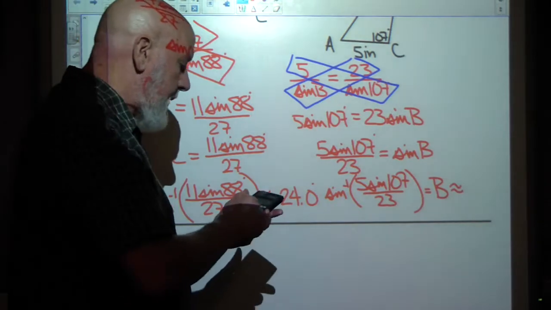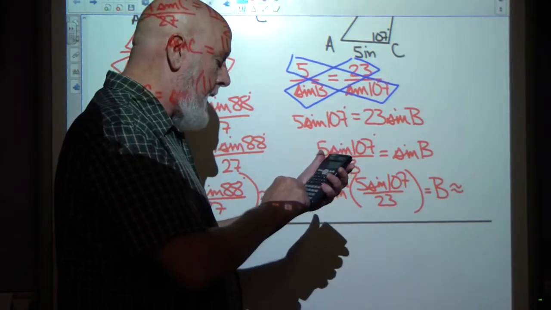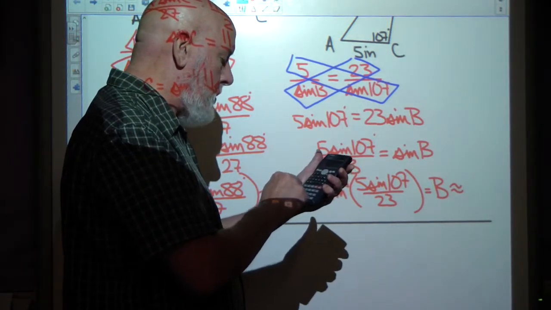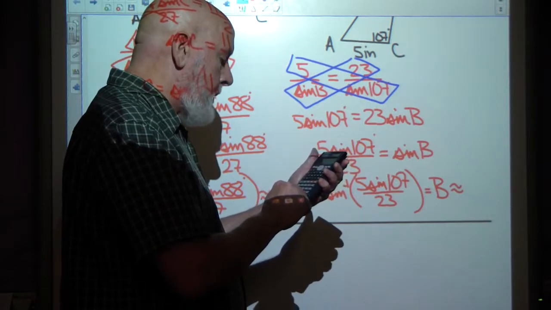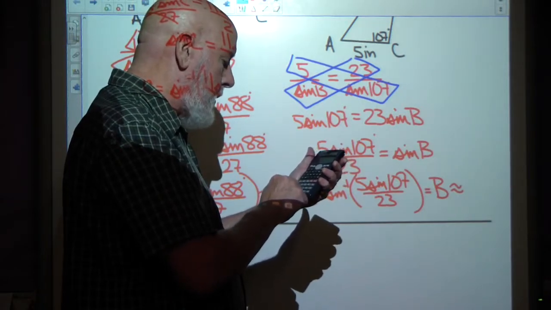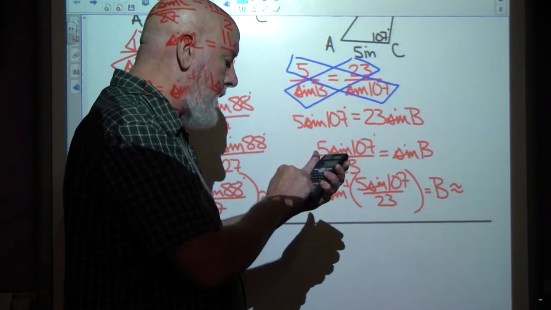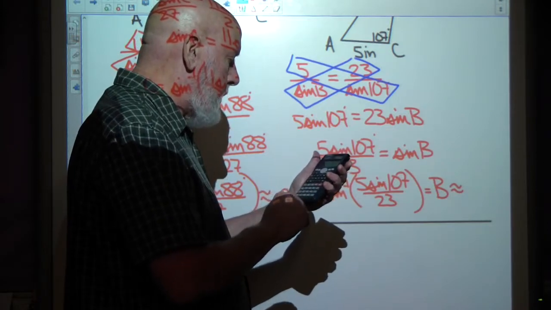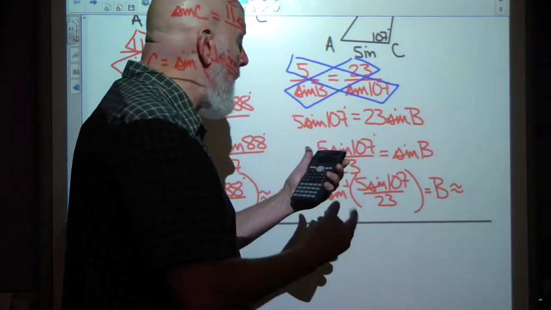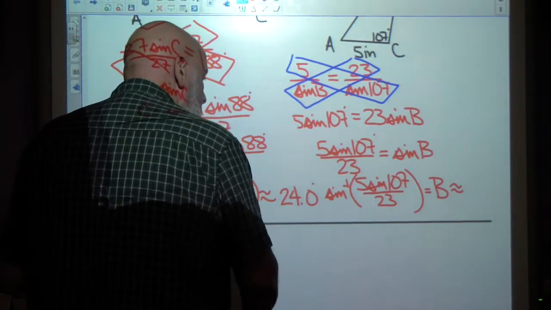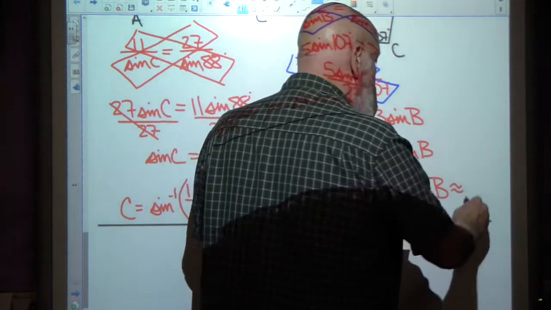So here we go, let's see if I can get it in there. 5 sine 107 equals, divided by 23 equals, and I want to take the inverse sine of that, equals, I get 11.99, rounded to the nearest tenth would be 12.0.